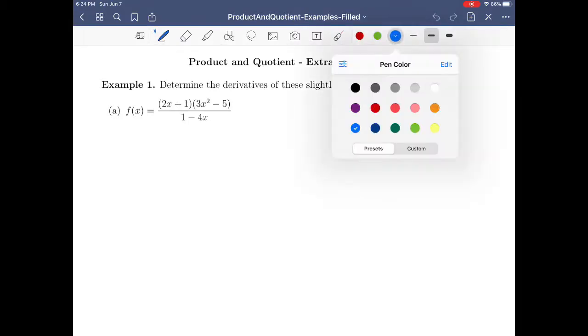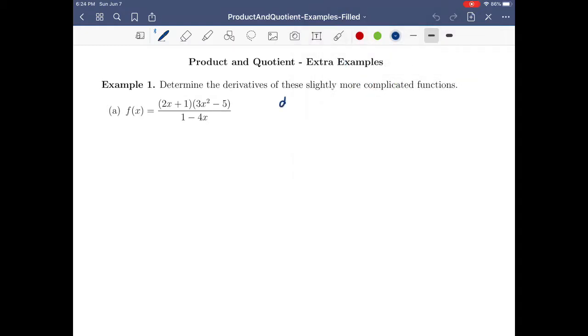compute the derivative of the top first. So that's using the product rule. It's going to be this first function times the second function. So the derivative of the first function is just 2 times the second function as it was, plus the derivative of the second function, which is 6x, times the first function as it was.